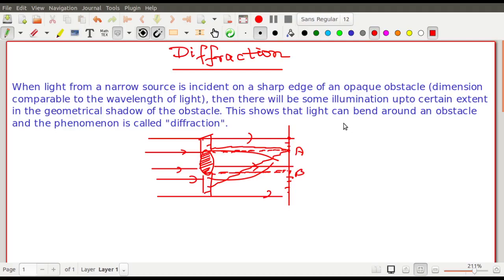Who will take care of the non-uniform distribution? I hope that I am able to make you understand. You cannot explain the non-uniform distribution completely by bending, so that is what I would like to explain over here.